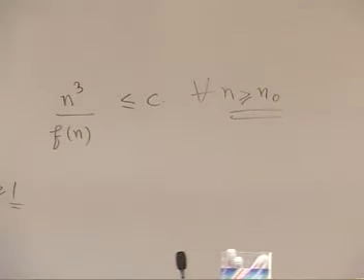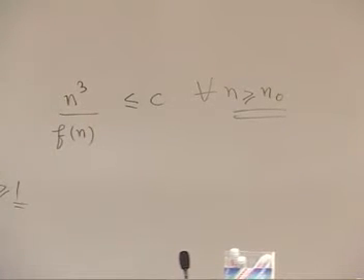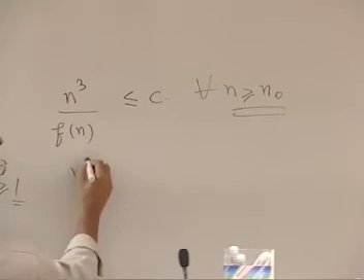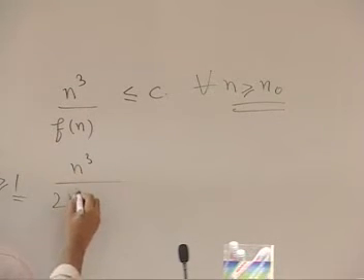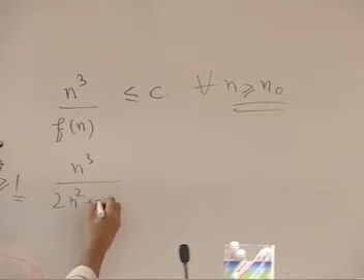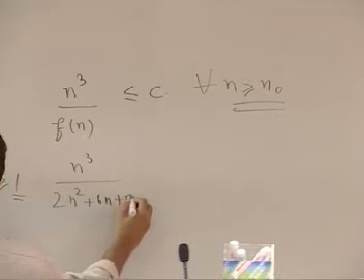This is not possible if you consider n cube by 2n square plus 6n plus 9.